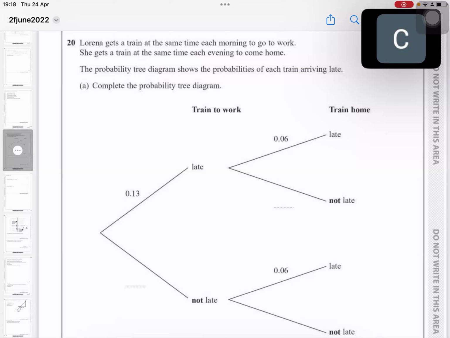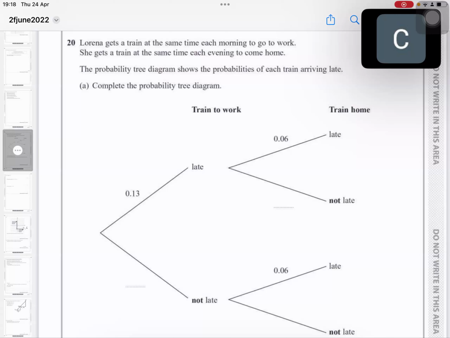Okay, next one. Another probability that she's taking a train home, that she will get home late is 0.06. The probability that she will not get home late would be 1 minus 0.06, so that would be 0.94, right?